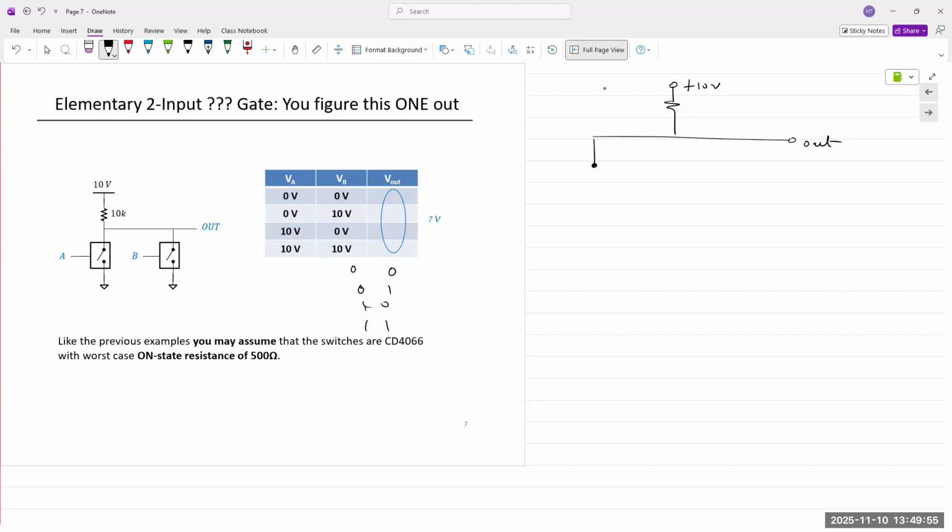So VA is 0. Is the switch open or closed? A is open because A is 0. How about B? Sorry, for this case, if B is 1, is my switch open or closed? So what is my output?